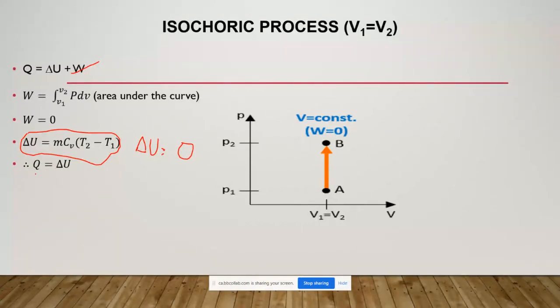In the exam, I'm going to give you a formula sheet, but if you don't understand what you are doing, you can still get wrong answers. In the exam, you select the correct formulas. So we are done with the first process, isochoric. Work done is 0. Delta U is equal to heat.